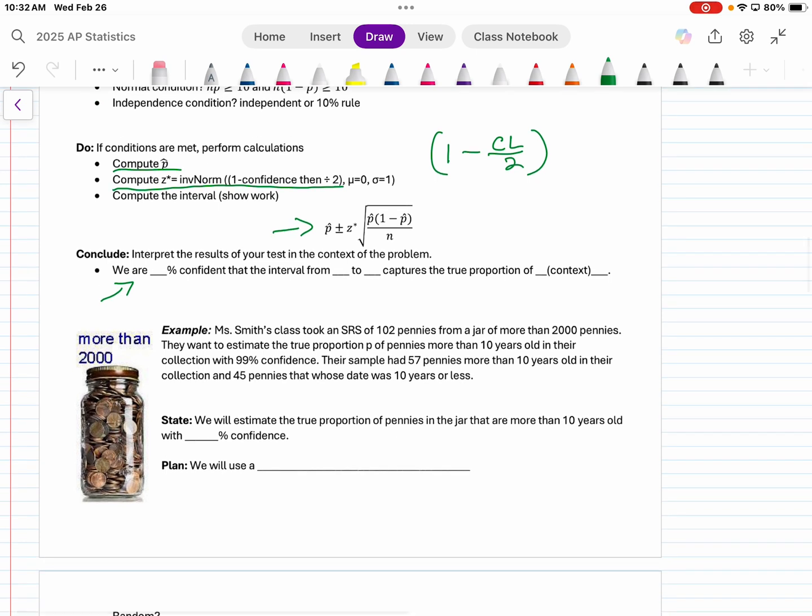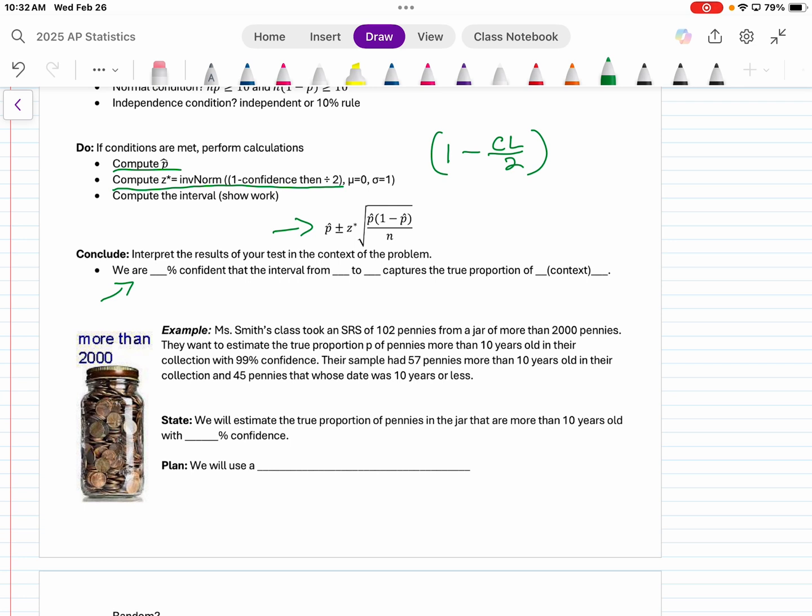On this first part, it says Mrs. Smith's class looks at a simple random sample of 102 pennies from a jar of more than 2,000 pennies. They want to estimate the true proportion p of pennies more than 10 years old in the collection with 99% confidence. Their sample had 57 pennies that were more than 10 years old and 45 pennies that did not.